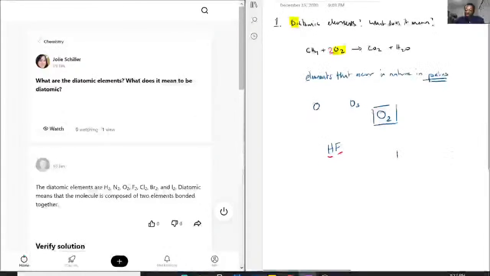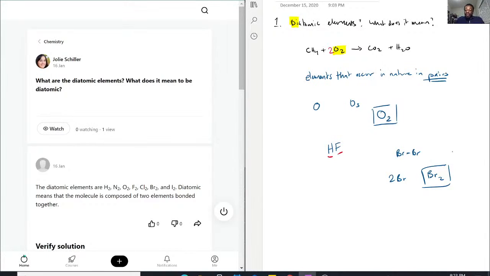So pretty much try your best to think of it this way. If I wrote Br, I would not put 2Br. If they were bonded, it would actually be Br2. This is a proper representation of a diatomic element.